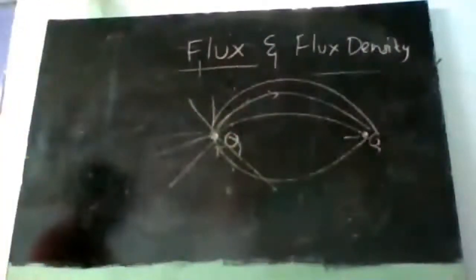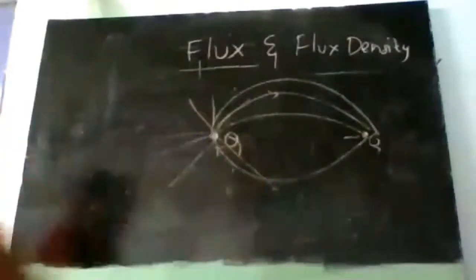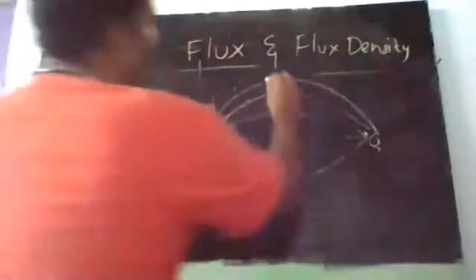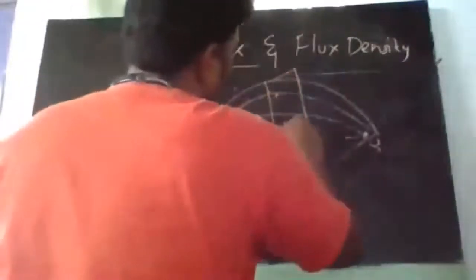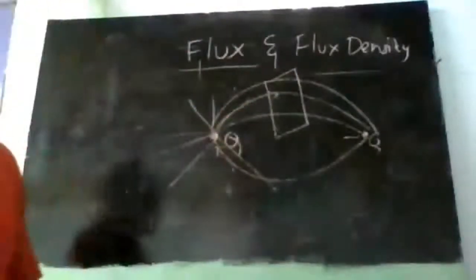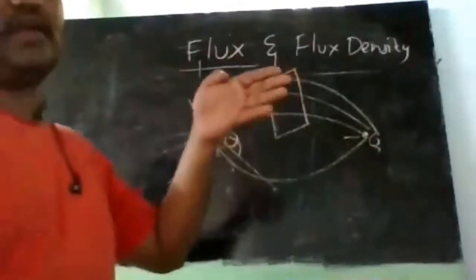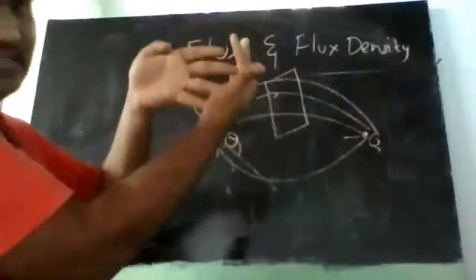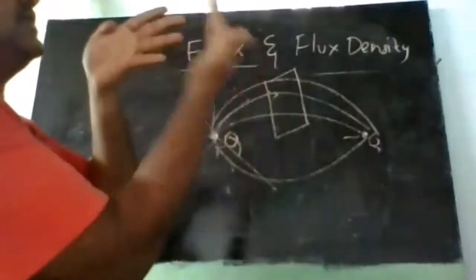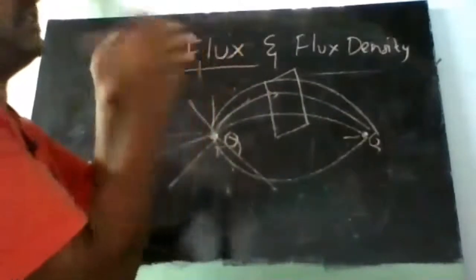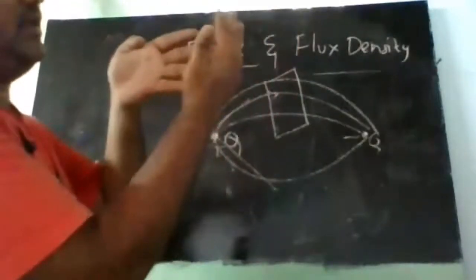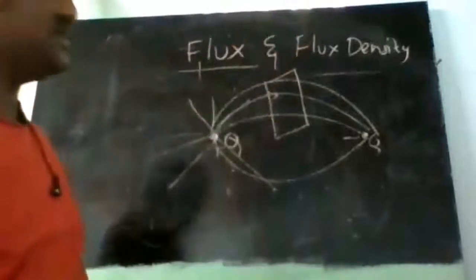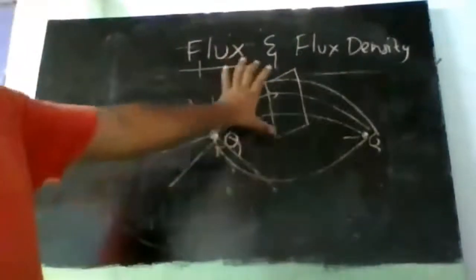To convert this into a vector quantity, I am considering a surface normal to these flux lines. For example, these are the flux lines, and I am considering a surface normal like this. Normal means the lines pass through it at a 0 degree angle, like this.